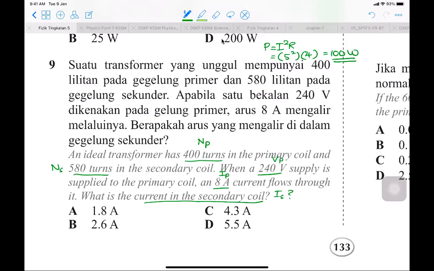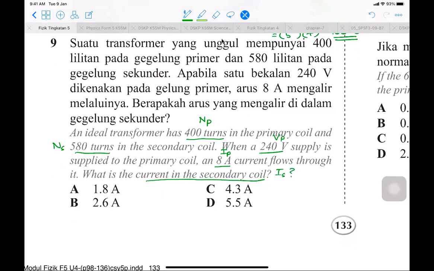You need to find VS. After you have find the value of VS, then easier to find dia punya IS lah. Cari apa dulu?